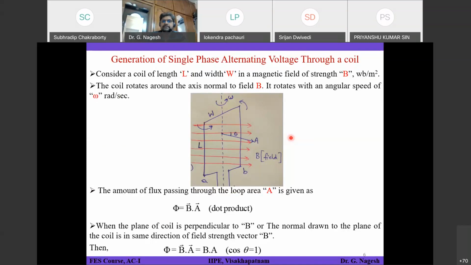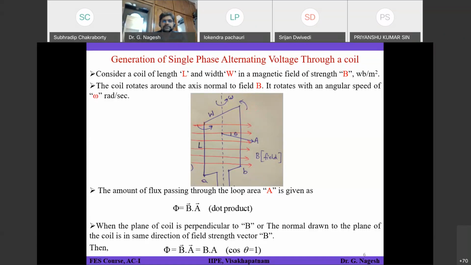Even in that case, this concept remains the same, but there its complexity will be more, and a larger number of windings will be there. So let's see some basic explanation of how a single phase AC voltage is generated in a coil. For this, as you can see in this figure, I have considered a coil of length L and width W.